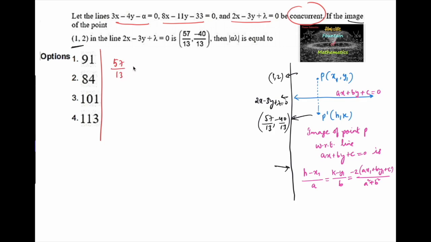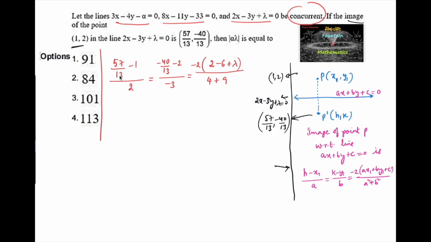upon 13 minus 1, divided by the coefficient of x, which is 2, is equal to k minus y1, that is minus 40 by 13, minus 2, divided by the coefficient of y, which is negative 3, which is equal to minus 2 times (ax1 plus by1 plus lambda), that is 2 into 1 minus 3 into 2, 6, plus lambda, divided by a square plus b square, that is 4 plus minus 3 whole square, which is 9.